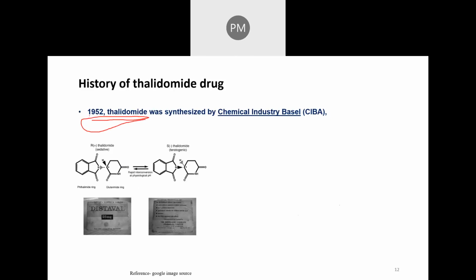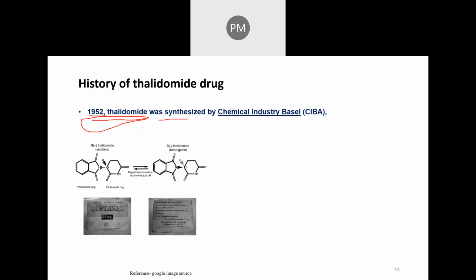There was one drug, the thalidomide drug, which was mainly used for morning sickness, a condition of pregnant women who took this drug.